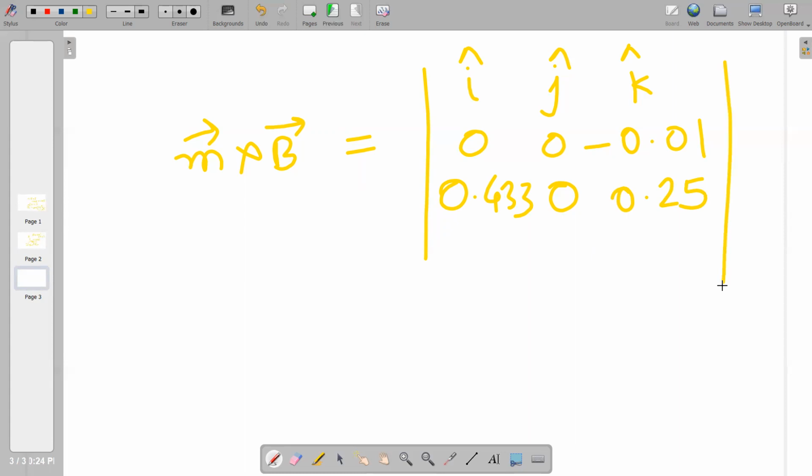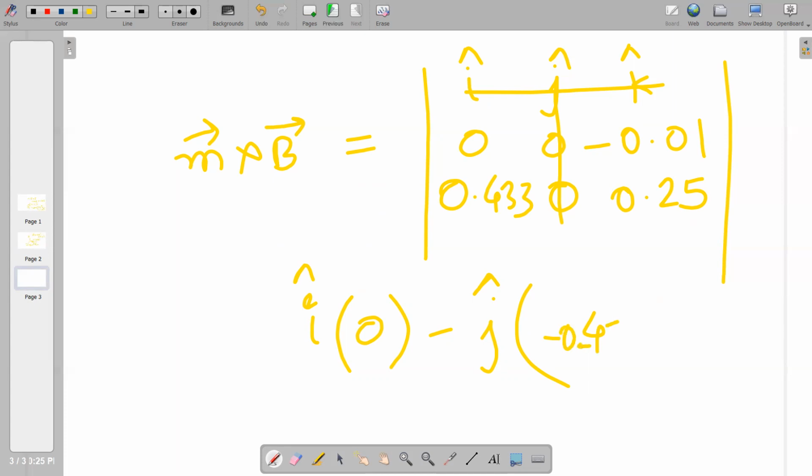So the i component of the torque is 0 because we find like this. And then j component is found like this, which is minus 0.433 into 0.01.